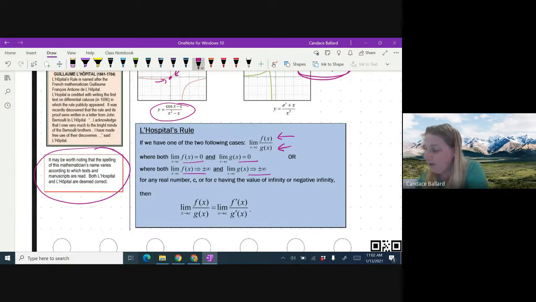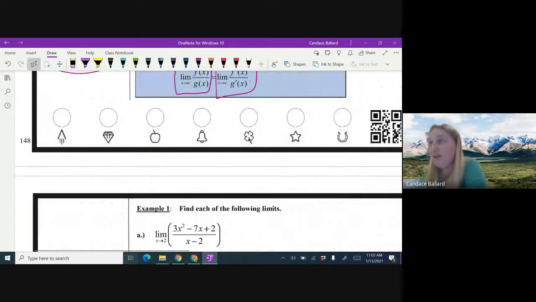What he discovered is that if I take the limit of the original, it's the same as if I took the limit of the derivatives. And we're not talking quotient rule. We're talking take the derivative of the top and take the derivative of the bottom separately. You've got to be careful not to mix this up with quotient rule.